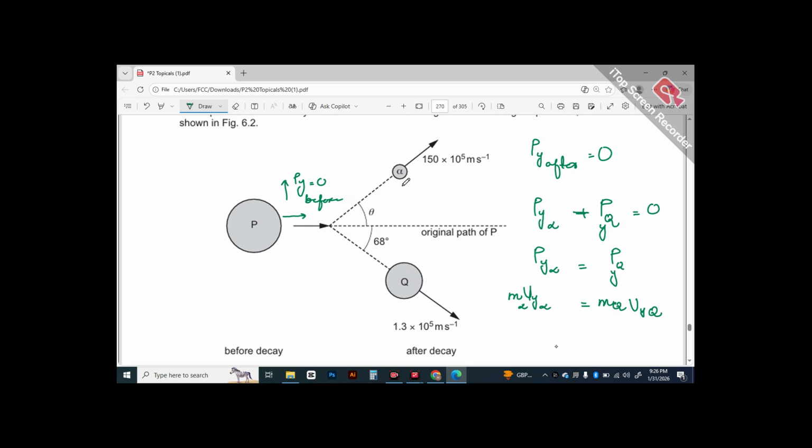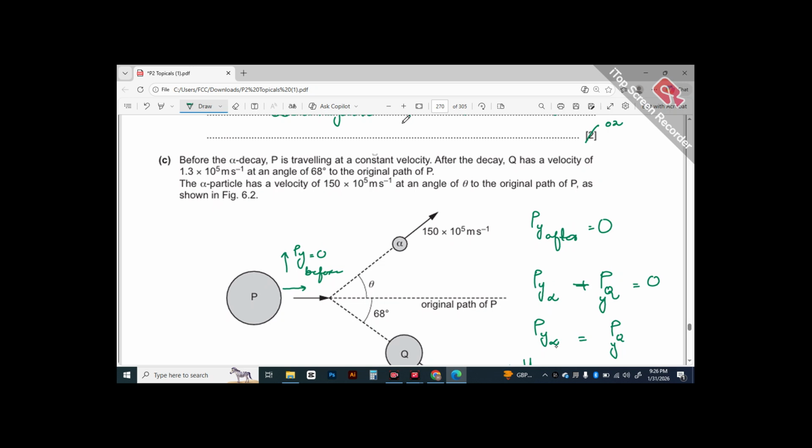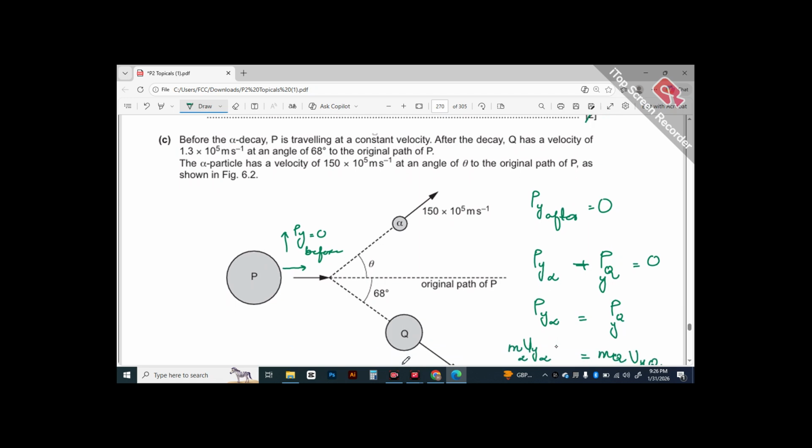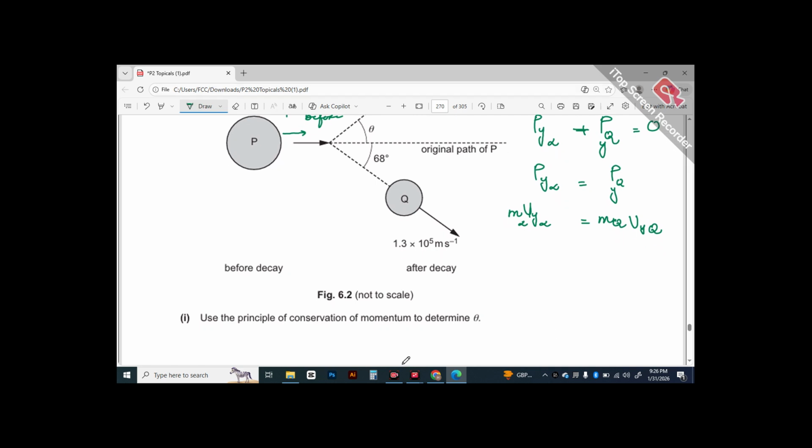Did they provide us with one, and the mass of Q as well? They didn't provide the masses, but we know that Q had 212 nucleons, so its mass should be the mass of a nucleon multiplied by 212. I can directly write in atomic mass units: 212 u. Alpha is made up of 4 nucleons, so I can write 4 u instead.